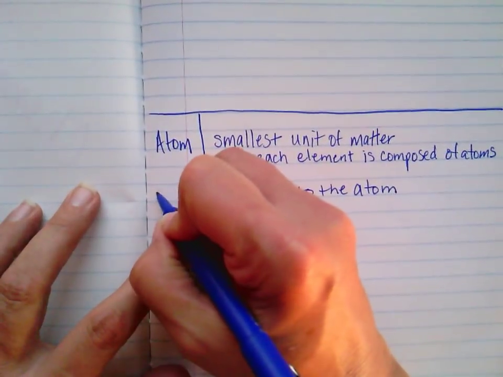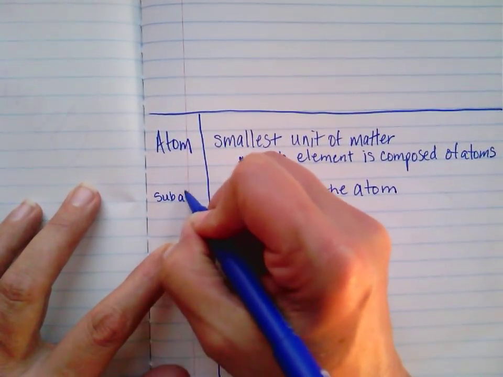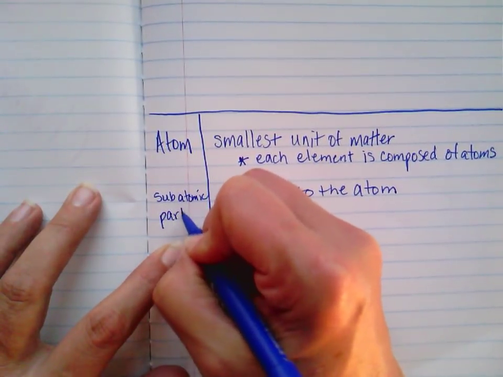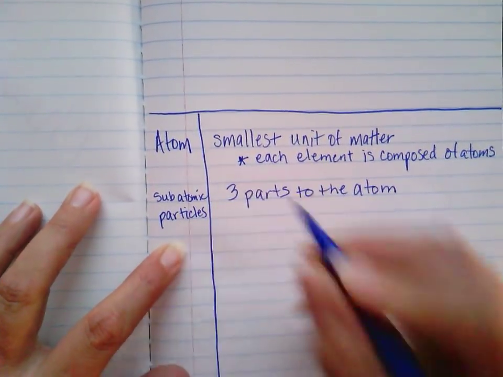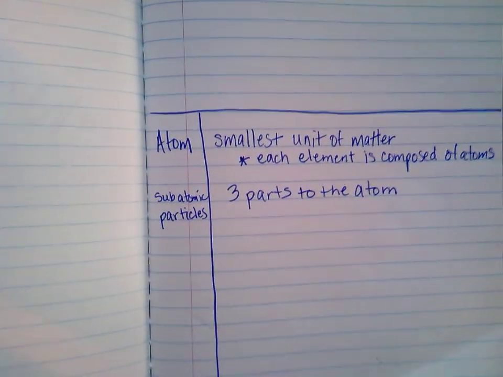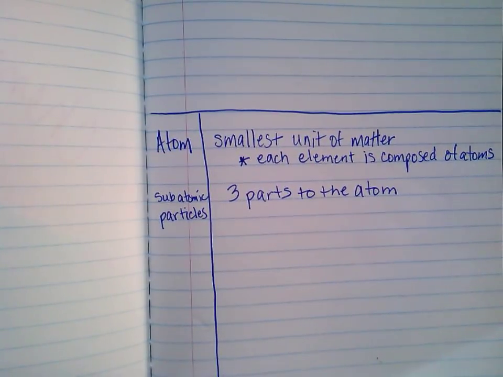They are called subatomic particles. Okay? Subatomic particles. Now, we're going to start with each particle so that you have an idea of what they are called and what they mean and where they are found.